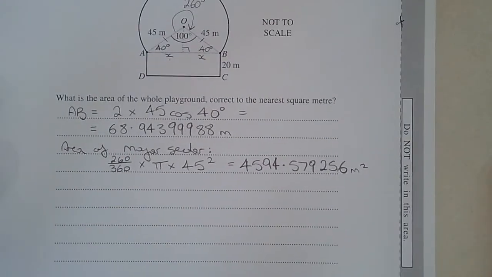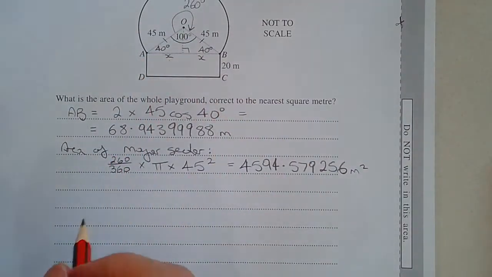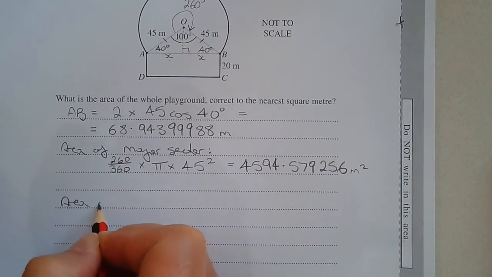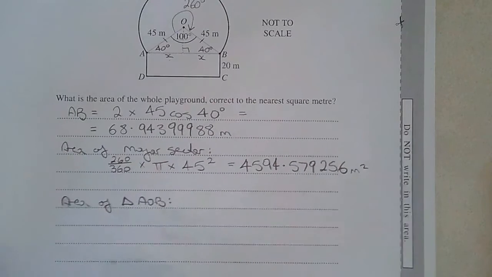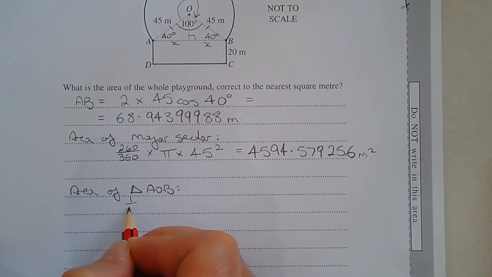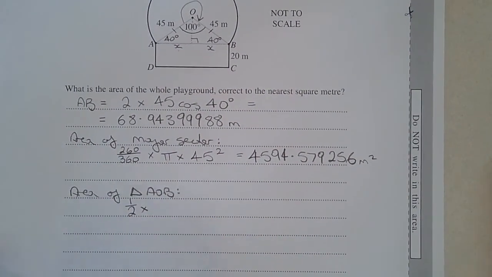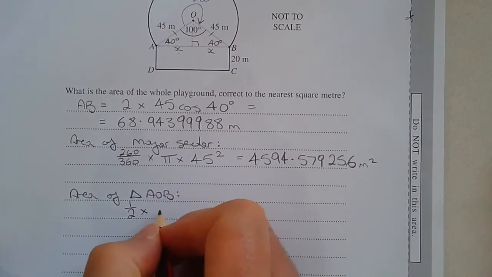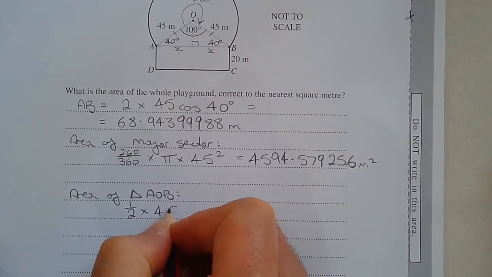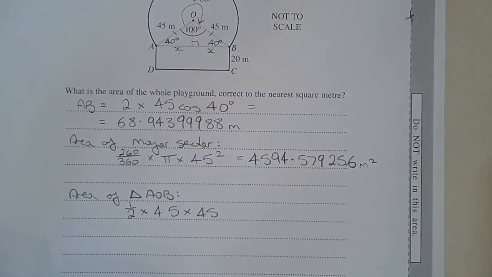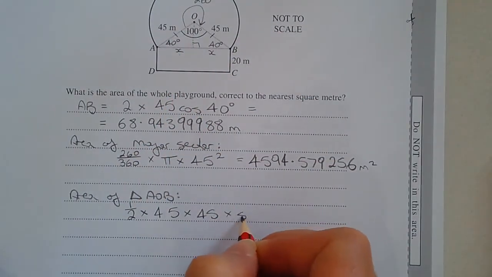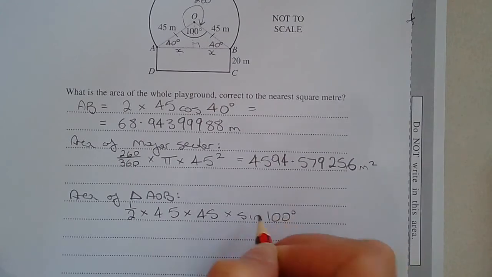Now area of triangle AOB. We have half AB sine C, so half multiplied by 45 multiplied by 45. Again, the two known sides and the included angle, multiplied by sine of 100 degrees.